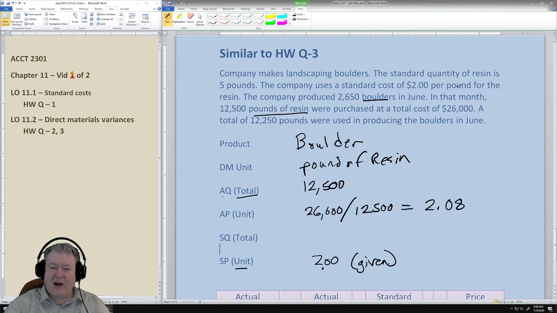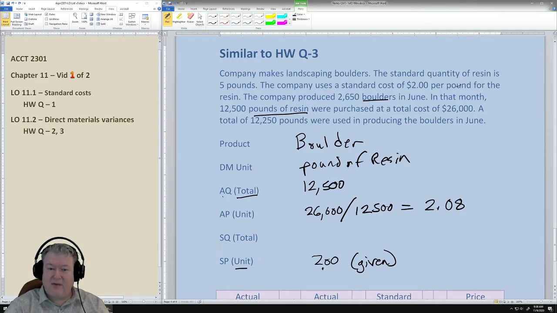And the standard quantity, well, what do we have here? Oh, did I do that right? I'm going to back up just a moment here.